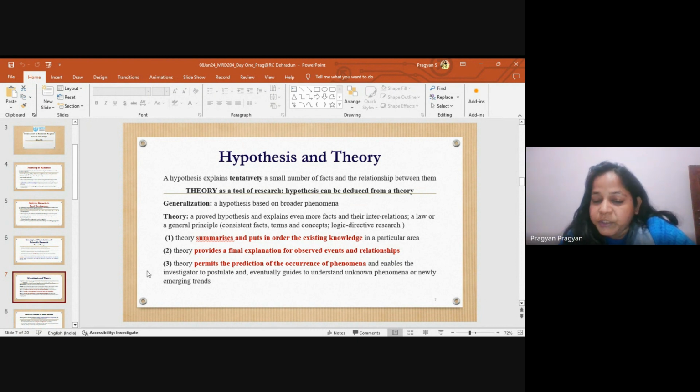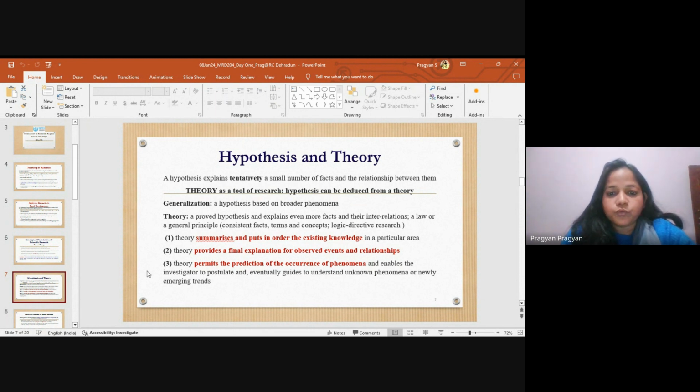This is going to be our basic idea behind applied research. In coming slides we are going to talk about types of research, and then you are going to understand why it is very important to predict the occurrence of a phenomena. Why is it so important in applied research?